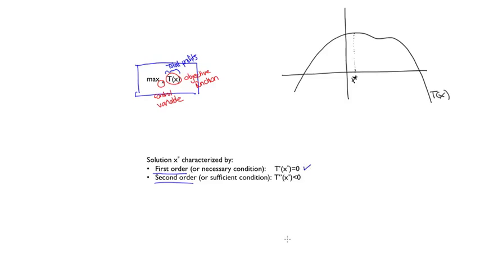However, as you probably remember from calculus, necessary conditions are not sufficient. Some points may satisfy them and still not be maximum. And we will see an example of this in a second. However, if a point also satisfies what are called second order or sufficient conditions, which in this case is that its second derivative is less than 0, then such a point is a local maximum.